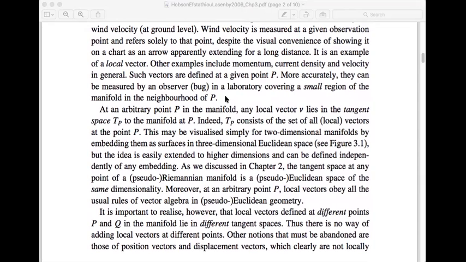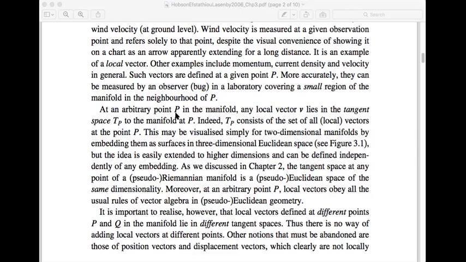I think I can rejoin his text now. I'll start reading the second paragraph, and we'll see how he talks about it. So at an arbitrary point P in the manifold, any local vector V lies in the tangent space TP to the manifold.